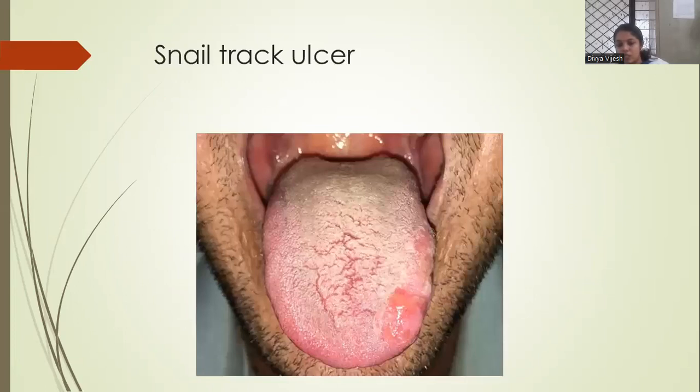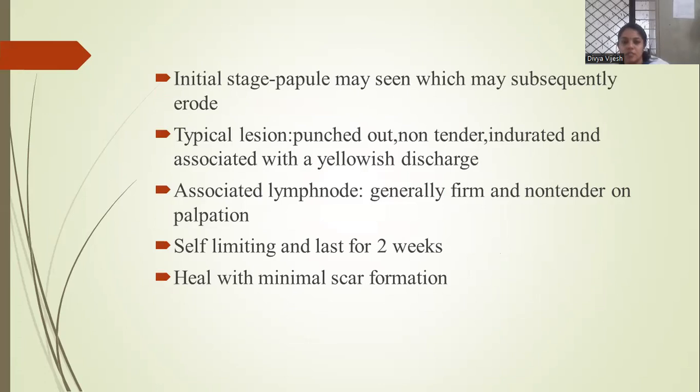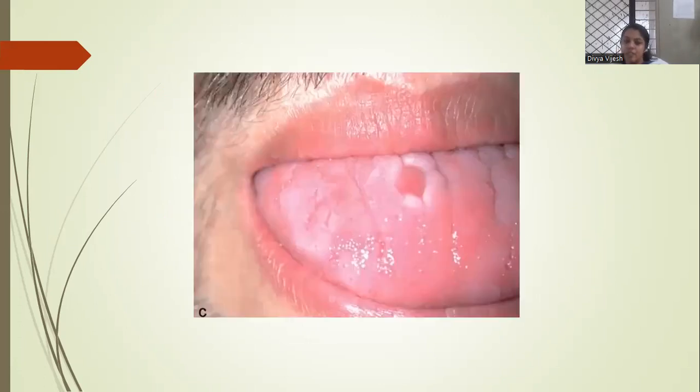Okay, this is the snail track ulcer. Chancre. So once more I'll tell. So chancre, it is associated with primary syphilis. The main site is lip, tongue, tonsillar region, and palate. Okay.